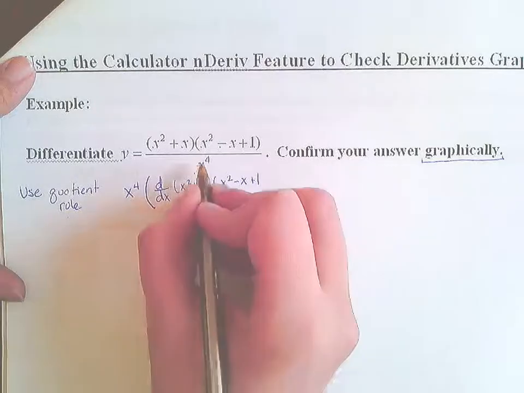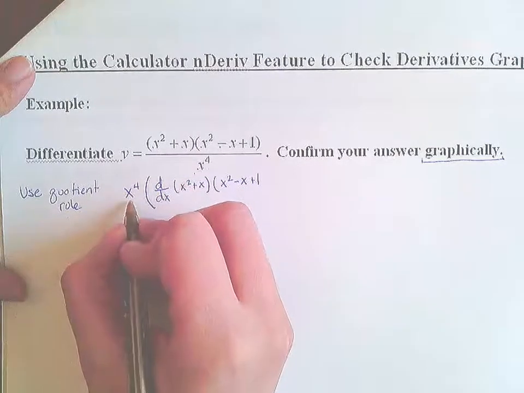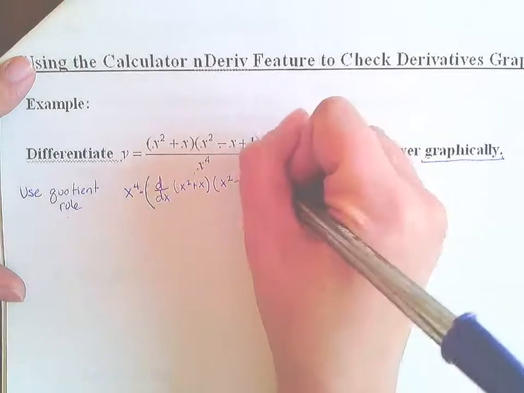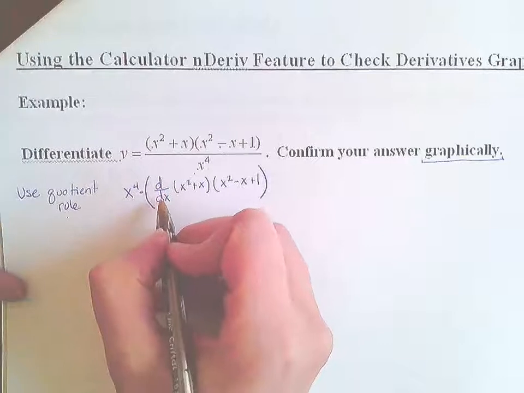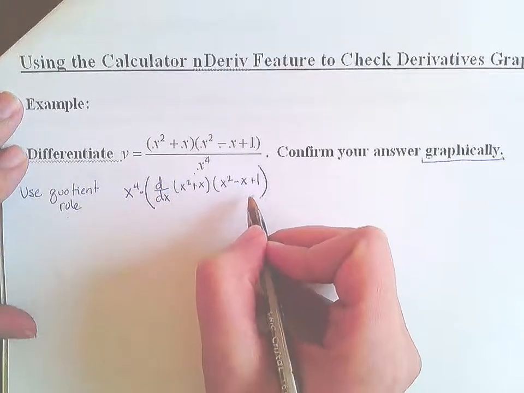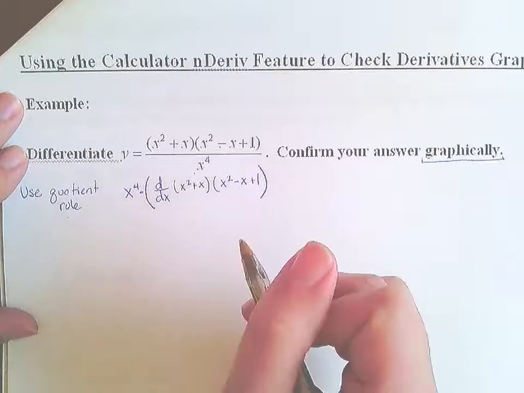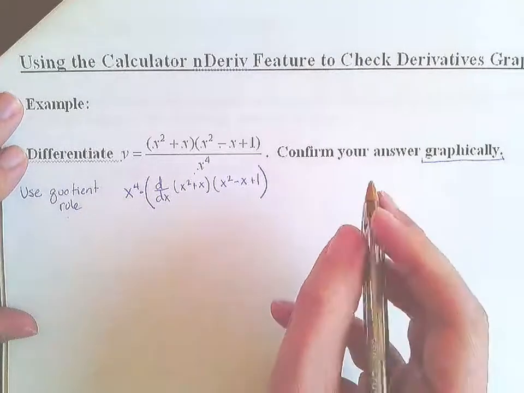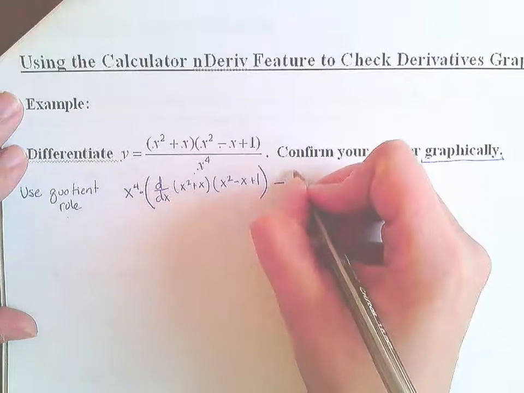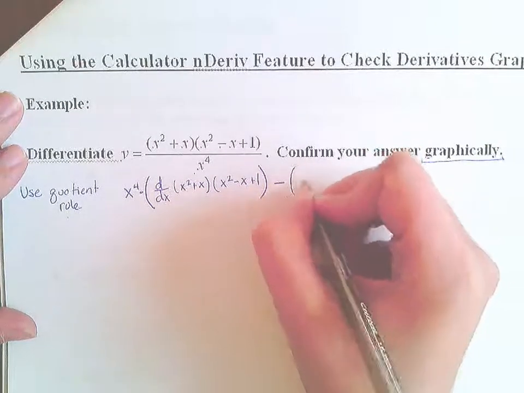So that means you take the bottom as it is, and you times it by the derivative of the top. So right now I'm just writing d dx of this top because I'm going to do some side work and then plug things in so that we don't get lost with all of the work that we're doing. And then I'm going to subtract the top, now remember, big parenthesis.